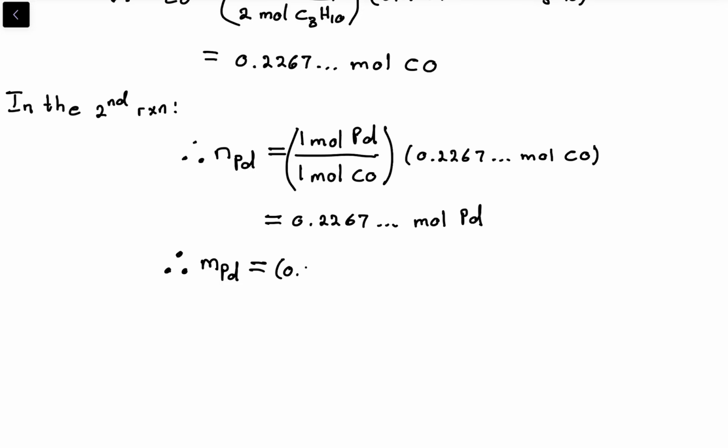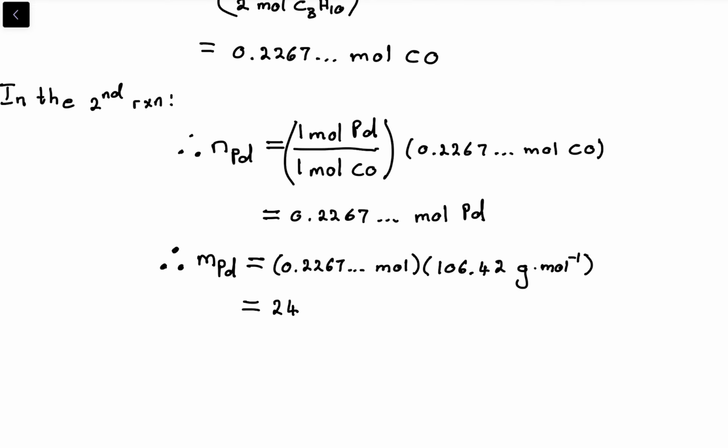So this is 0.2267 mole multiplied by 106.42 gram per mole. Remember, palladium is an element on the periodic table, so you just look it up. It's going to give you 24.1 gram palladium deposited.